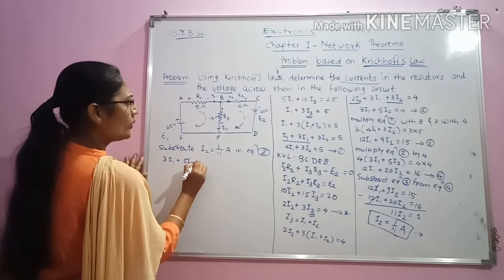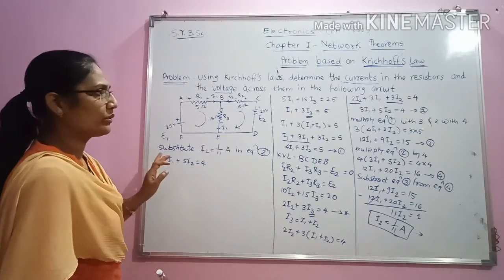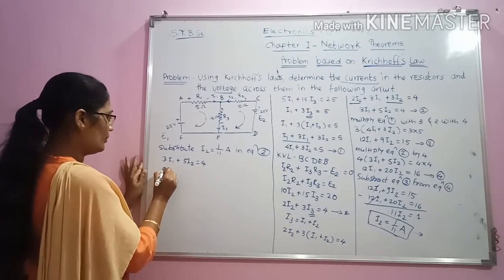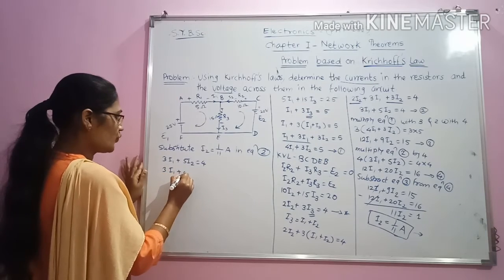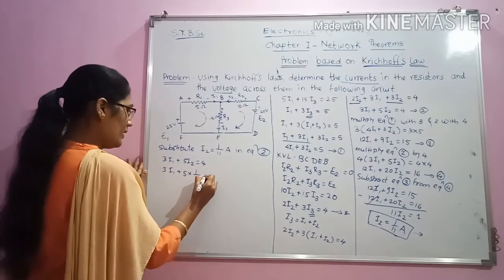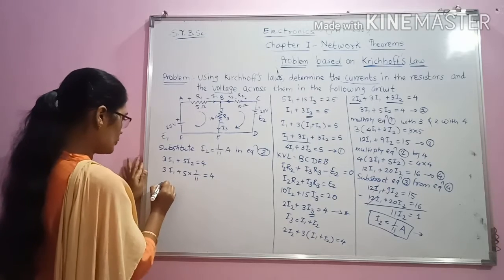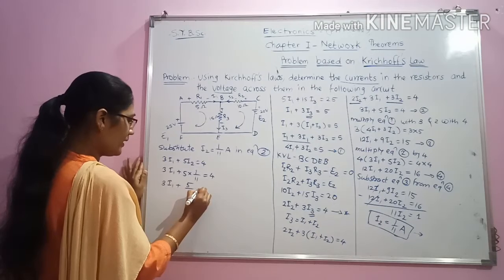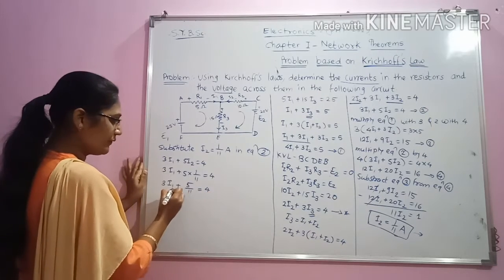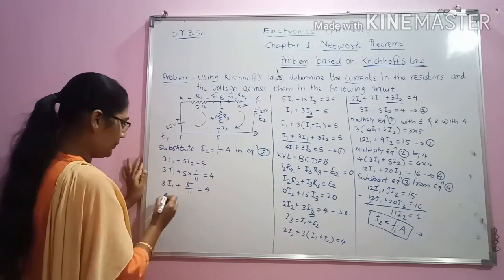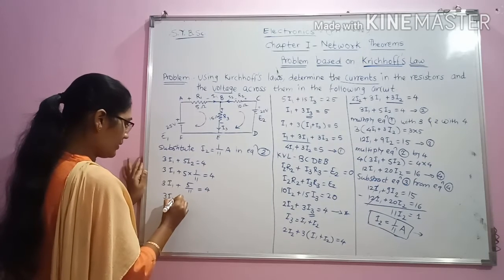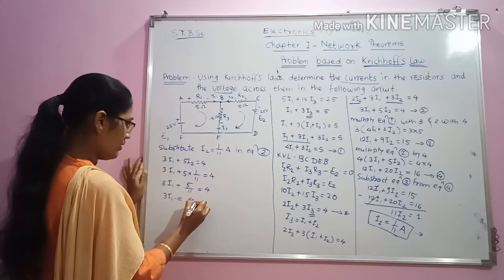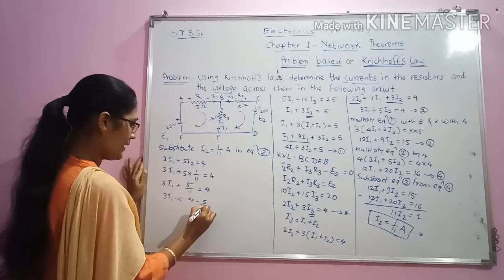Initially we will write the whole equation in order to avoid confusion, and now we will substitute the value of I2. 3 times I1 plus 5 into 1 upon 11 is equal to 4. So 3 times I1 plus 5 by 11 is equal to 4. Now shift this term 5 by 11 to the right hand side. We will get 4 minus 5 by 11.